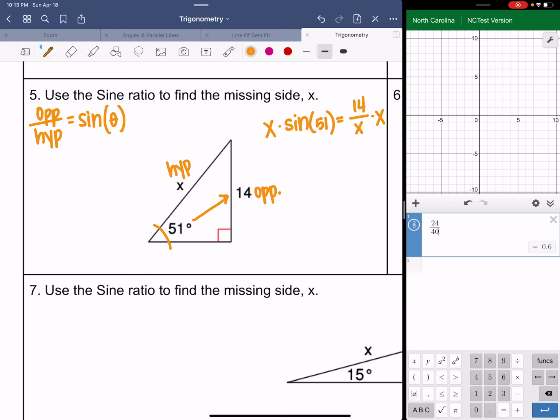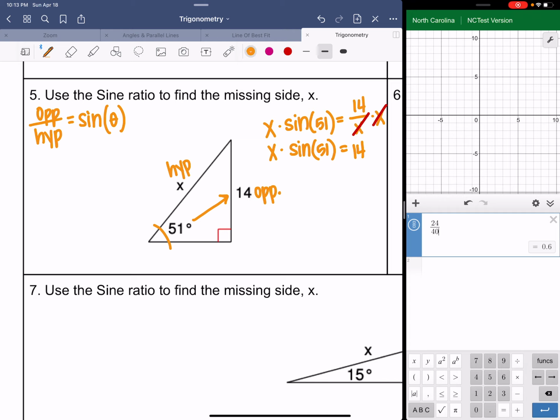And when we do that, the x on the right side being multiplied and divided cancels one another out. So we have x times sine of 51 equals 14. Okay, so the division by x and the times x cross each other out.